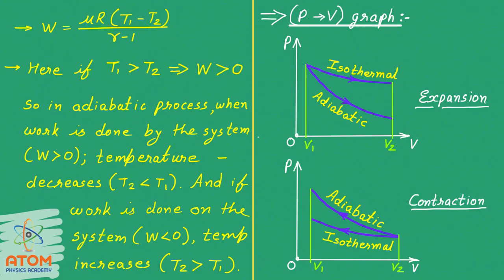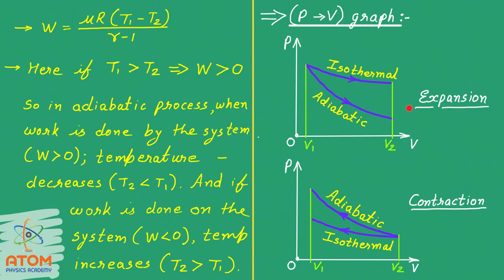Now let us see two graphs of P versus V, pressure versus volume graph for expansion and contraction, especially for isothermal and adiabatic process. Students, these are two very important graphs you have to understand and then you have to remember as well.